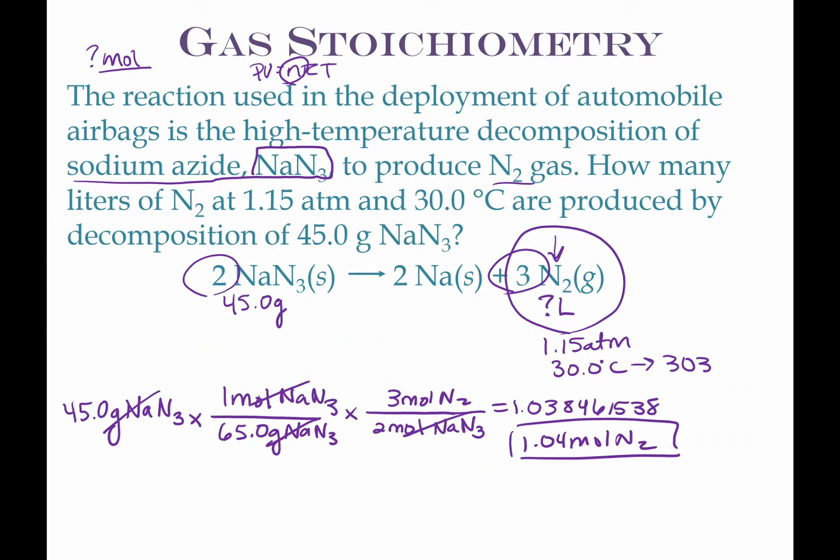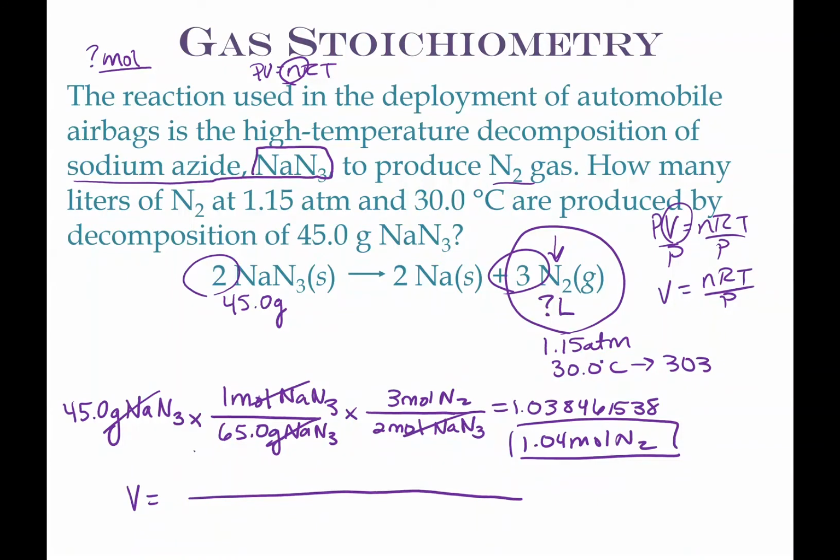Now we have PV equals nRT, right? We want to know volume, so we're going to divide both sides by P, and we get V is equal to nRT over P. So volume is equal to the number of moles we just calculated, 1.04 moles of nitrogen, times R, which is 0.0821 liters times atmosphere over mole times Kelvin.